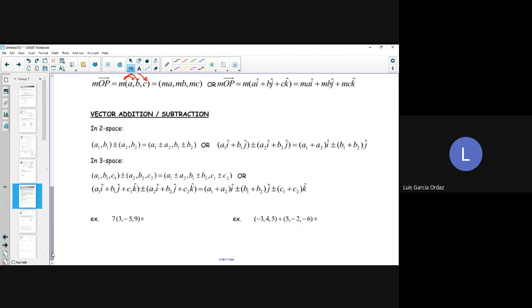So the first one is my scalar, 7, multiplied by the point (3, negative 5, negative 9). Who can tell me what the new result is if I factor that scalar into my original point? What would it give me?